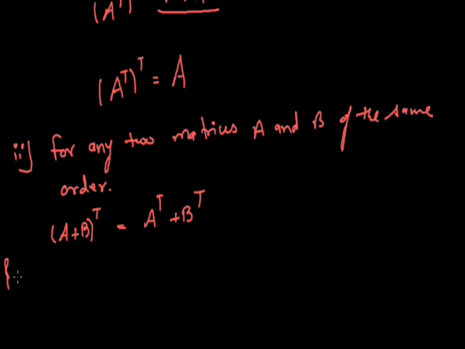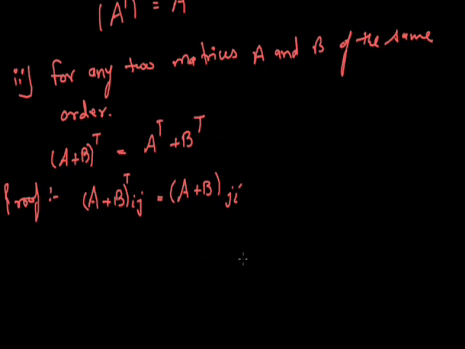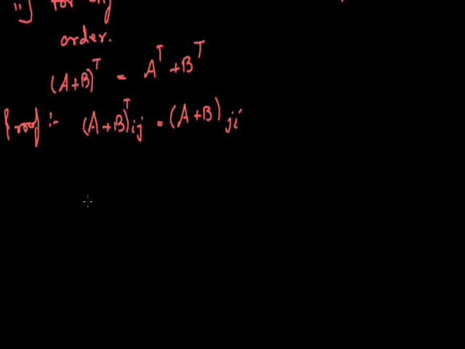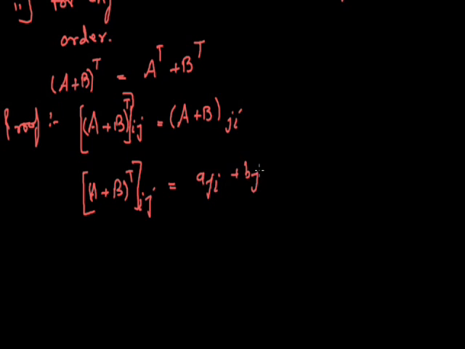Now let's see the proof. A plus B whole transpose is Aij plus Bij. After transposing, the rows are converted into columns, so it is Aji plus Bji.